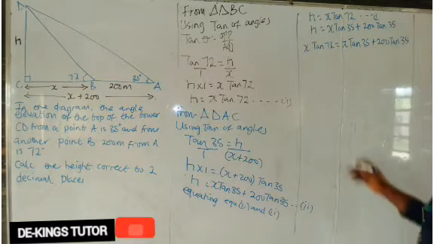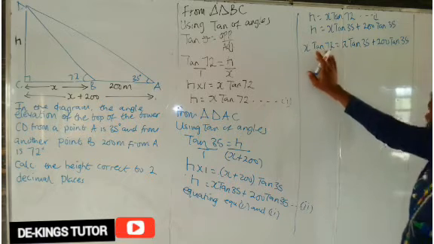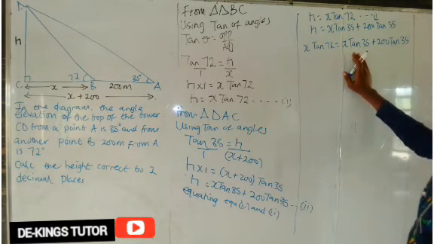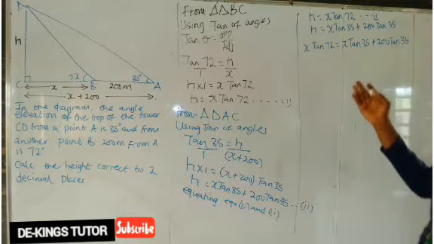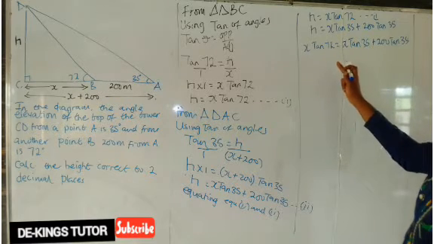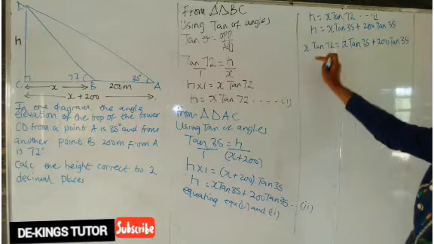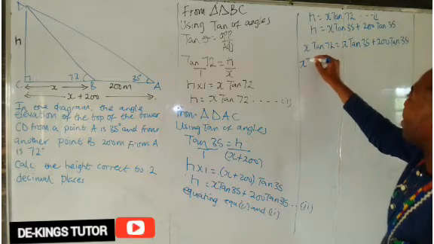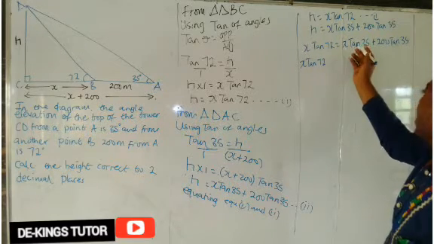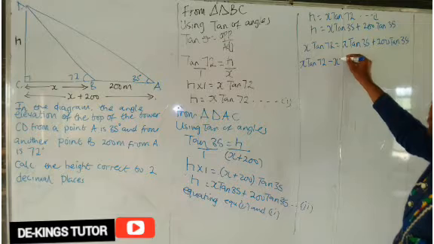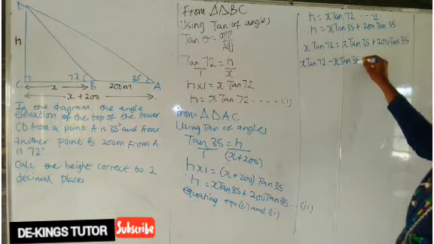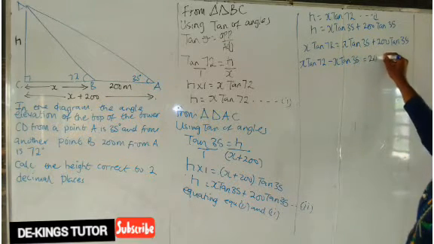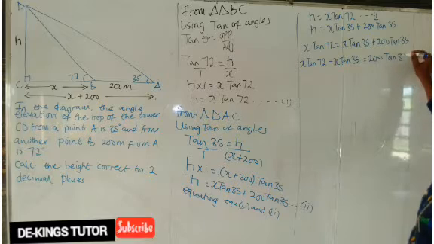Now let's collect like terms. We have x here and x here, we have reduced it to one unknown. This x tan 35 will come to the other side. We have x tan 72 minus x tan 35 equal 200 tan 35.